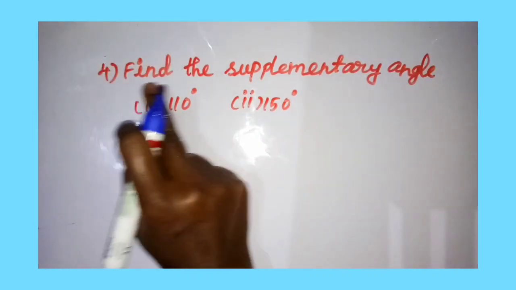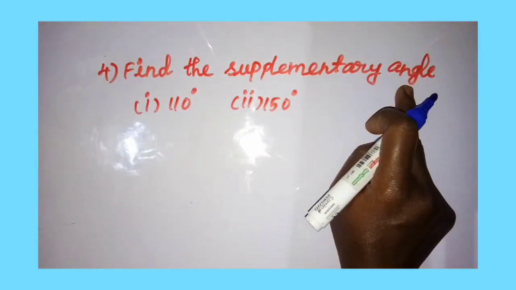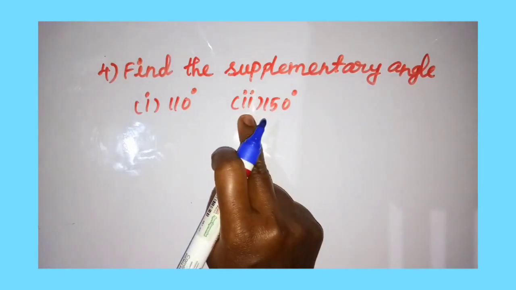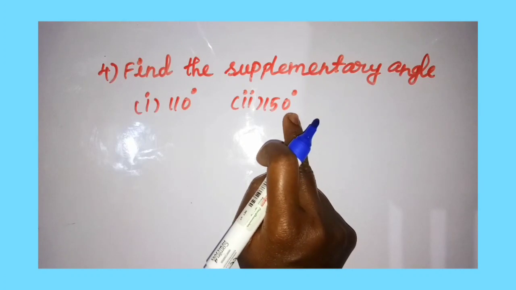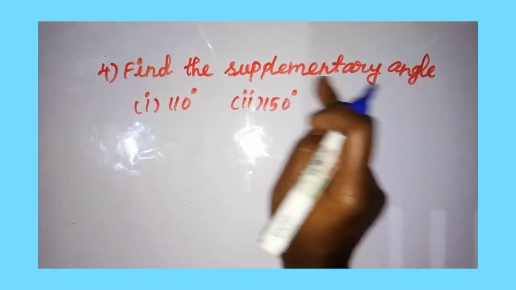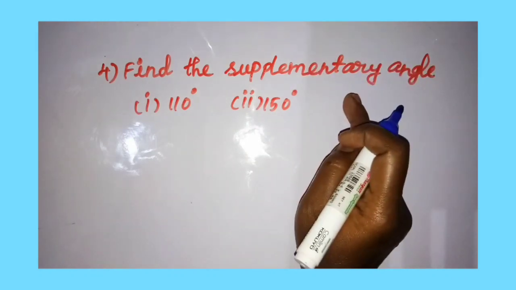Fourth sum, find the supplementary angle. First one 110 degree, second one 150 degree. So we have to find the supplementary angle value. Already we know the supplementary angle value.